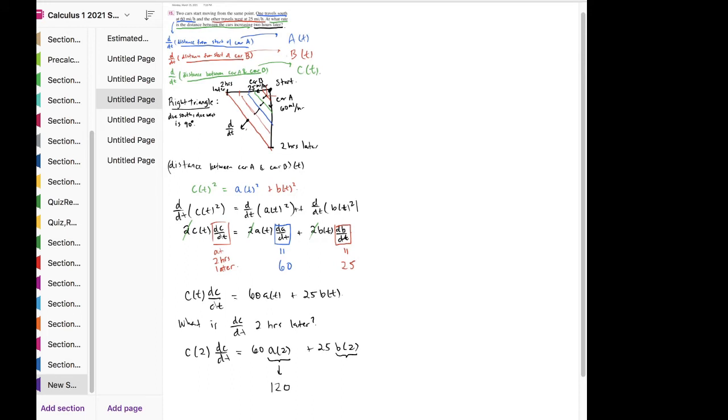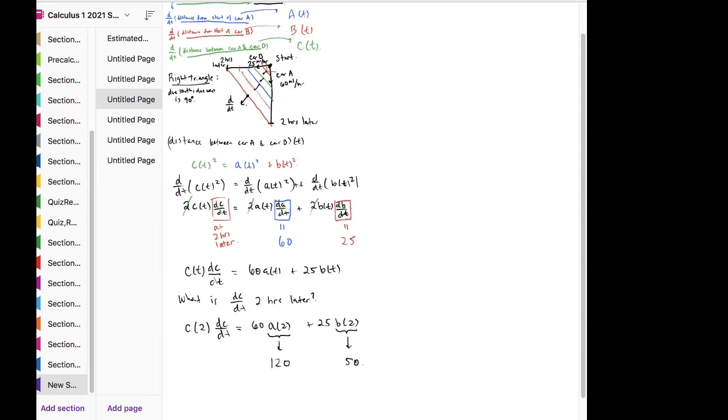Car B is traveling 25 miles per hour for 2 hours, 50 miles. Okay, do we know what c of 2 is? Yes, Pythagorean theorem. c of 2 is the square root of a of 2 squared plus b of 2 squared.